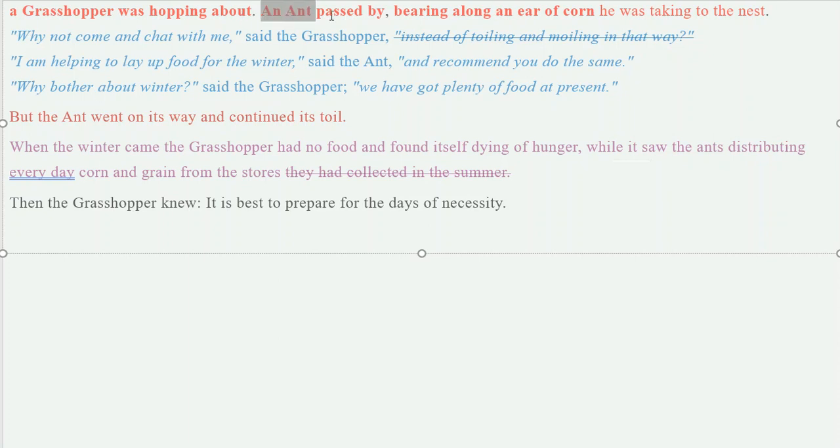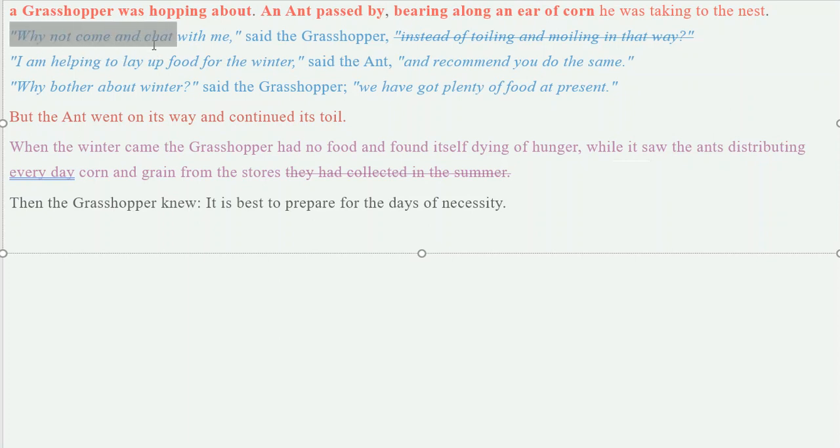Do we know why the ant was bearing an ear of corn? Not really, right? Because we have a grasshopper was hopping and there's this ant carrying a bit of corn with it. Well, the sentences are grammatically correct, but we don't really know yet what's the big deal, right? We move on, okay?